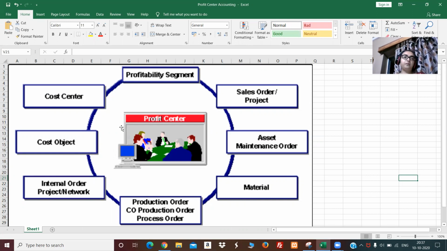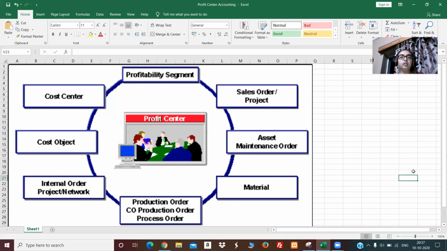So in all the mentioned masters, if you go and check, you will find there is a field named profit center. We generally do the assignment of profit center in those masters itself, so that once the costs are being incurred in those cost objects, we can capture those costs, and as and when the incomes happen against those cost objects, those can also be captured.